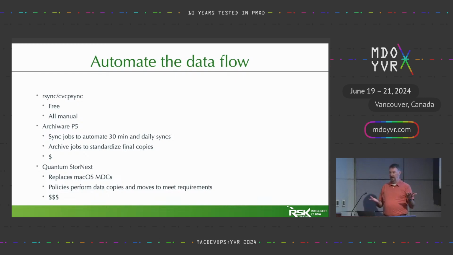Again, we like ArcAware. The next step, Xsan is licensed StoreNext. You can go to Quantum and say, hey, I want MDCs, and they will sell you very expensive boxes to run as your MDCs. It does come with this policy engine, which is very powerful. You can set up all sorts of thresholds about when things get duplicated, how often they get duplicated, how many copies you keep.